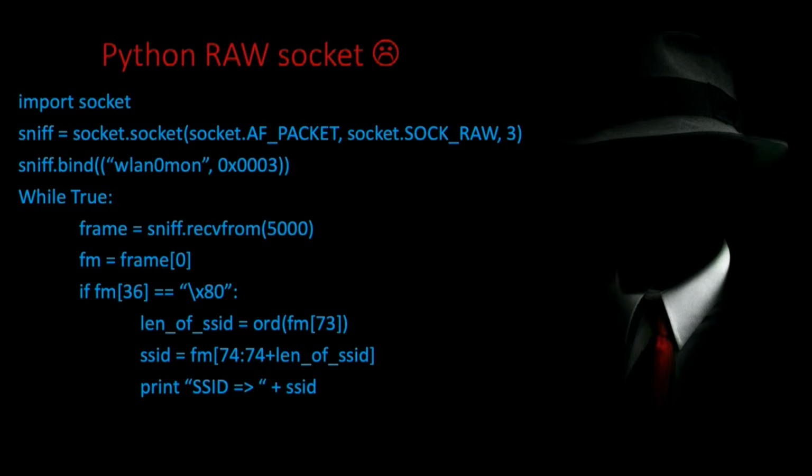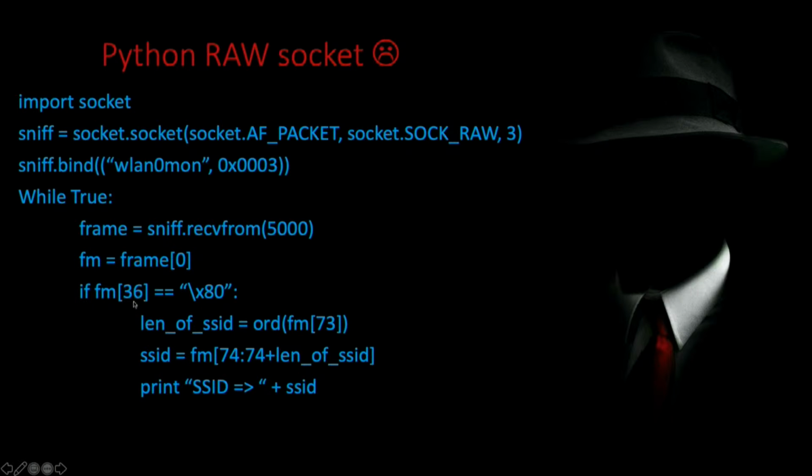And now we have all our frames stored in a variable called fm. The first element, element 0, is the actual frame that we want to look at. We discussed already that byte number 36 is the subtype byte we need to look for.